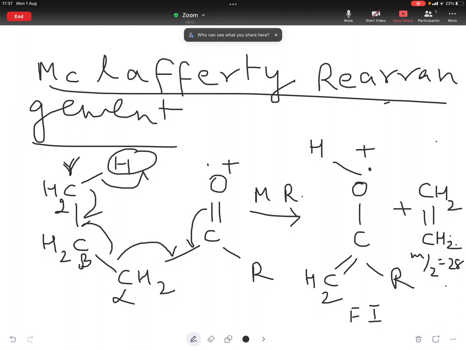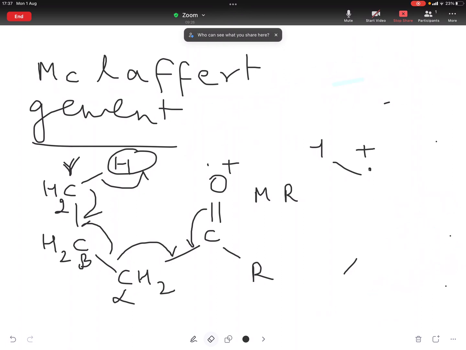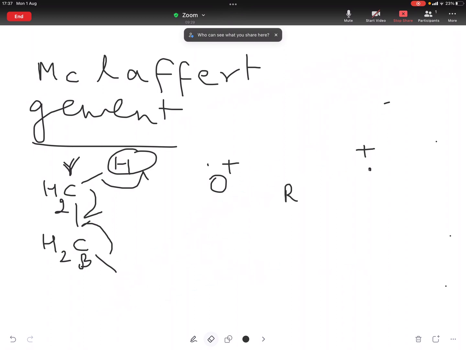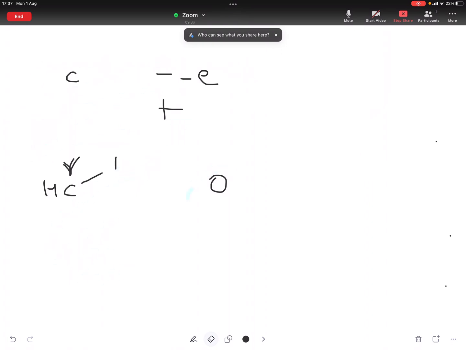Next is, what is the ortho effect? Molecular ion of methyl salicylate.